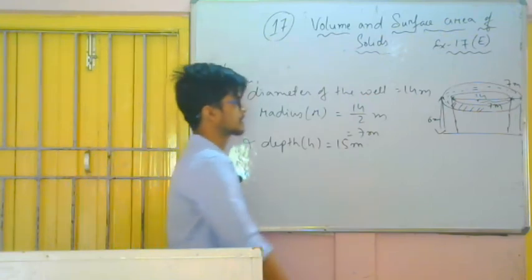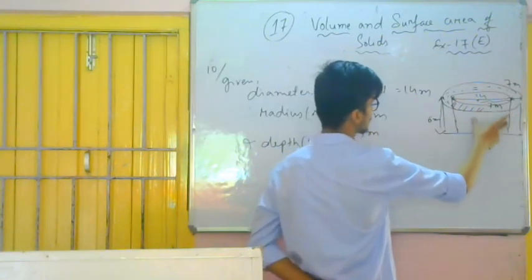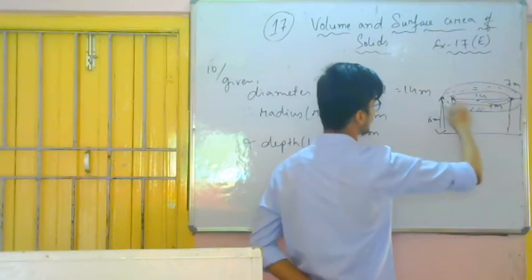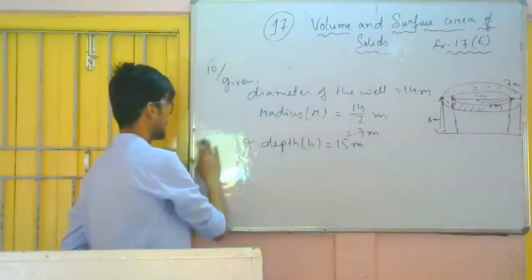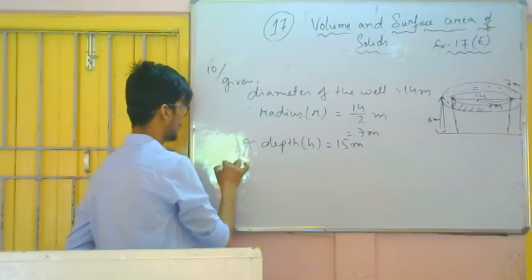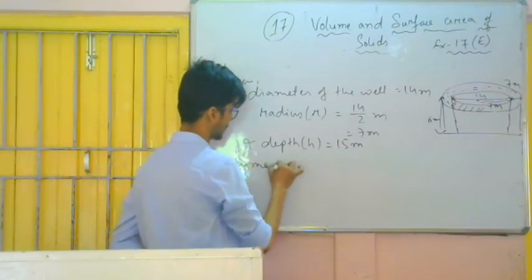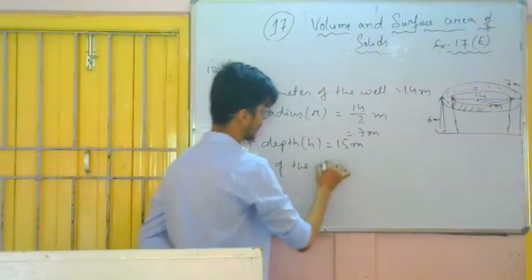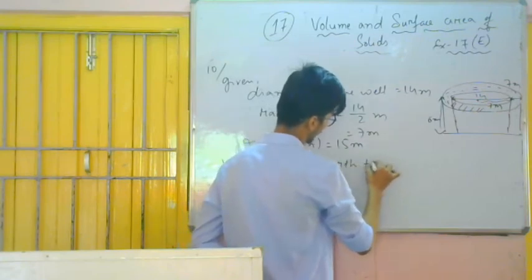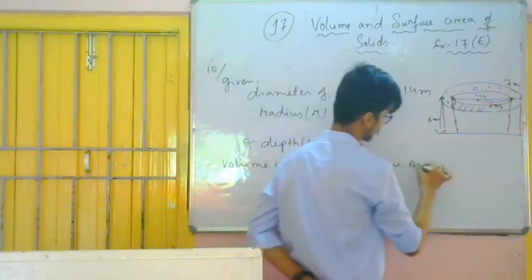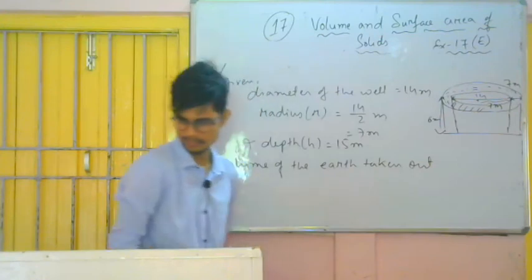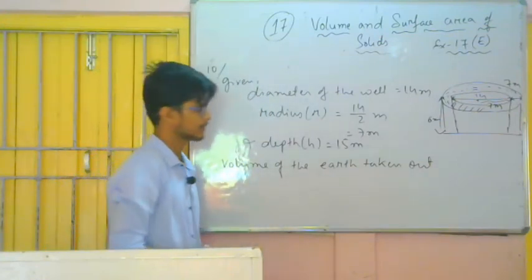So question was like this, that the volume of the earth that is taken out from this well is spread here. So first of all I will find the volume of the well, so therefore volume of the earth taken out, same thing, volume of the well and volume of the earth taken out is same.